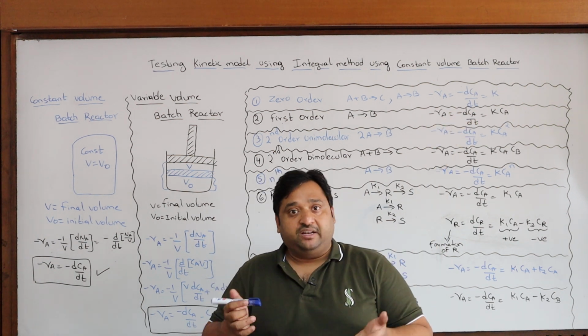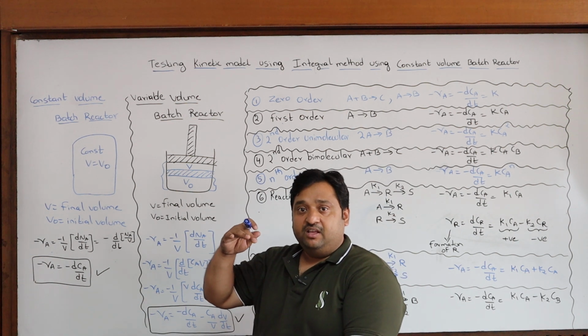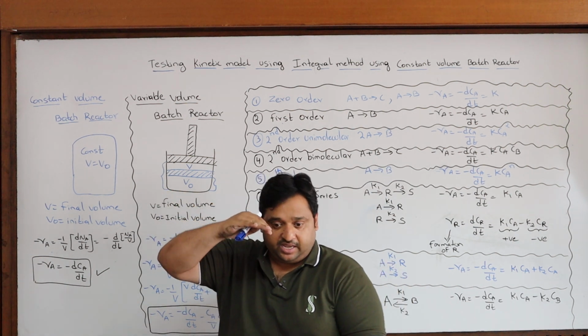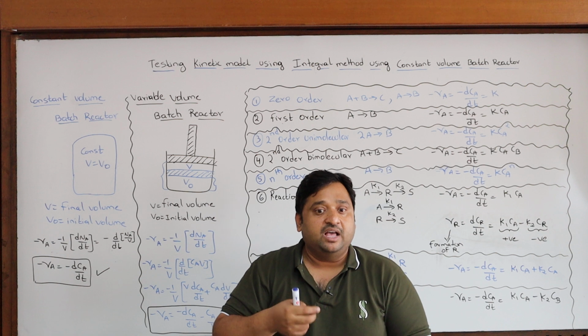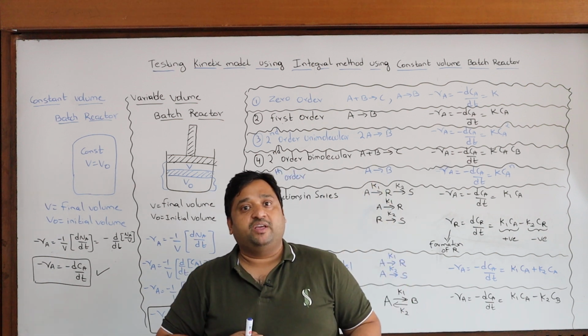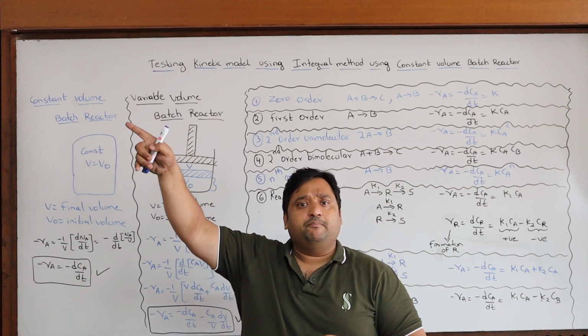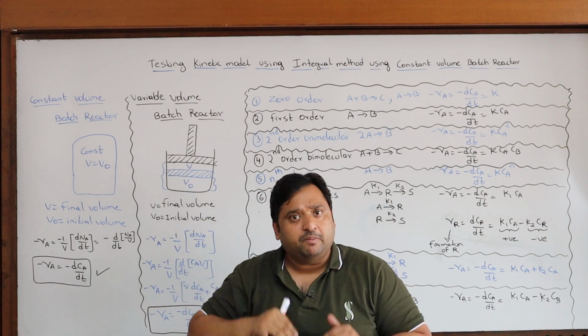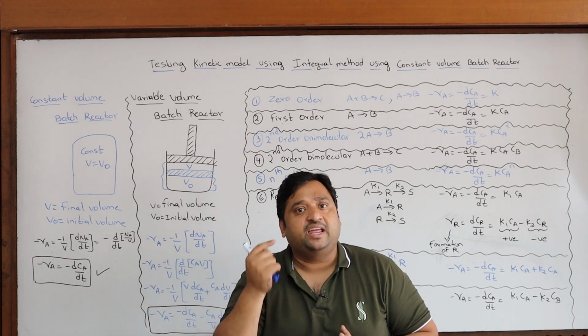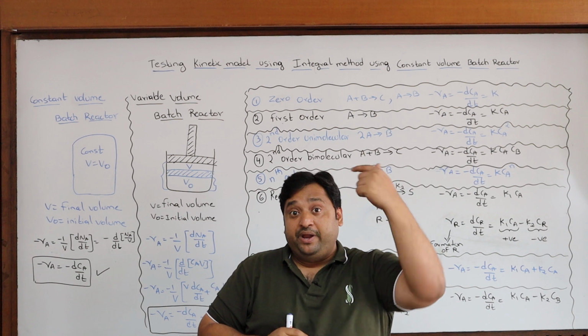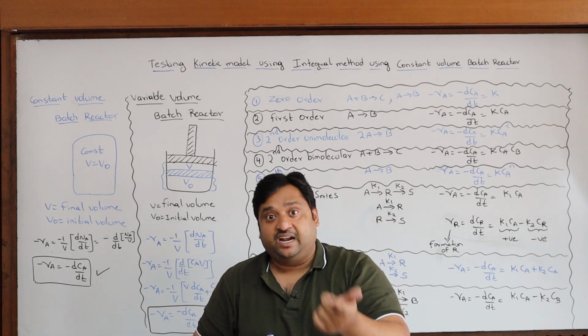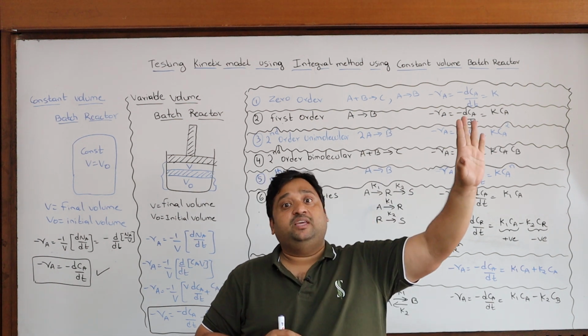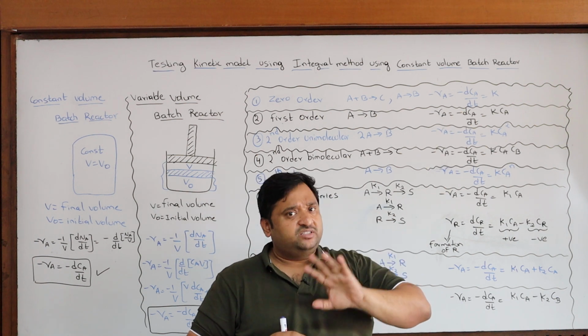Once you measure the speed of a reaction, you can test with various models. Once you get the reaction data, that means if I put reactants into the reactor, I start measuring the concentration of A. The concentration of A will be a maximum initially and a minimum finally, because A is getting reacted. The speed at which A is getting reacted could be matched with either zero order, first order or second order.